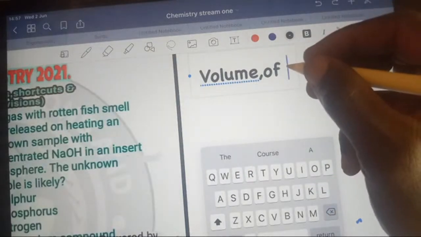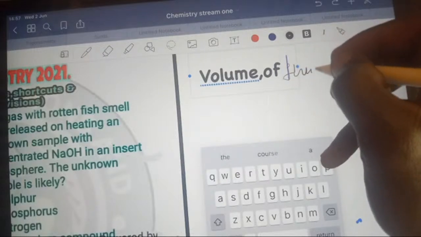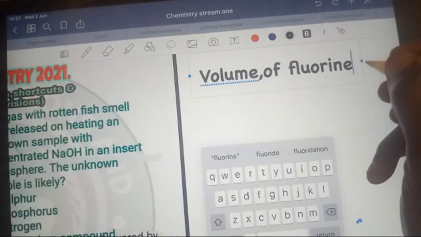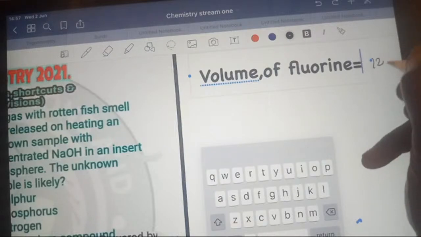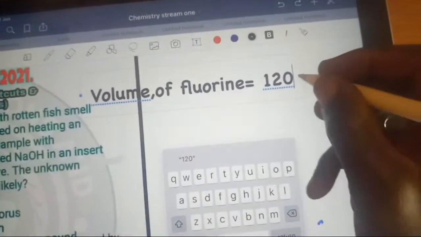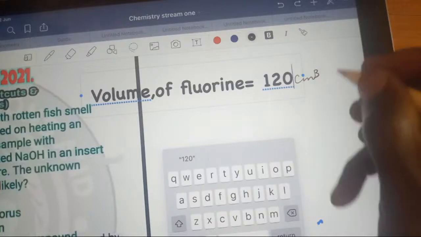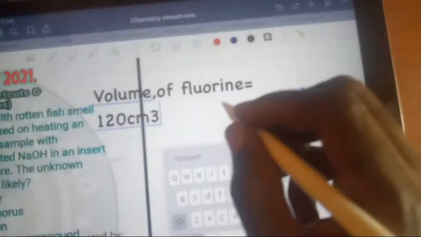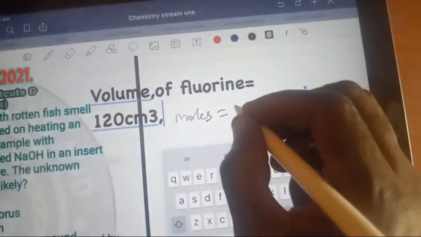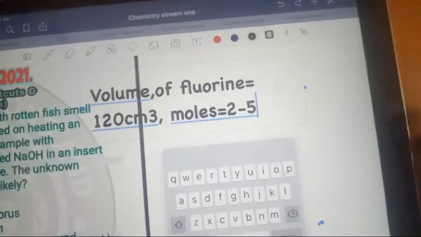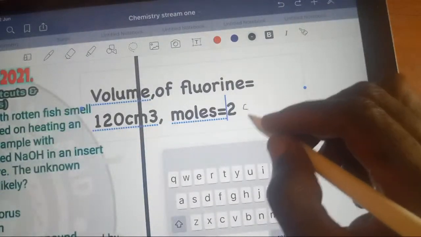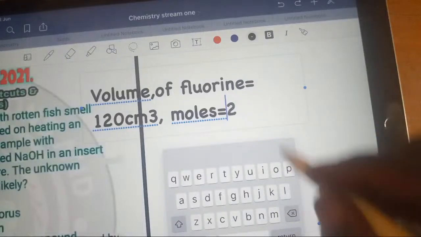The volume of fluorine, as we see there, is 120 cm³. So then the number of moles is where our interest is, the number of moles. Moles is 2.5. Then remember, 2.5, please.